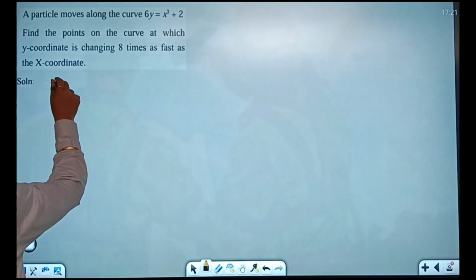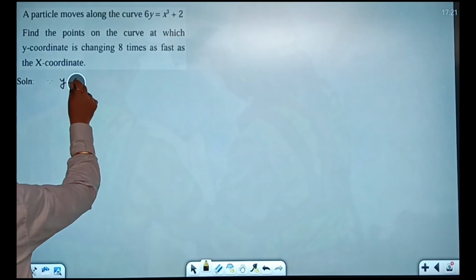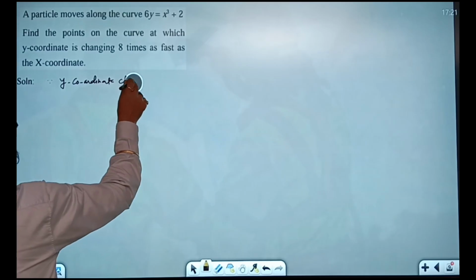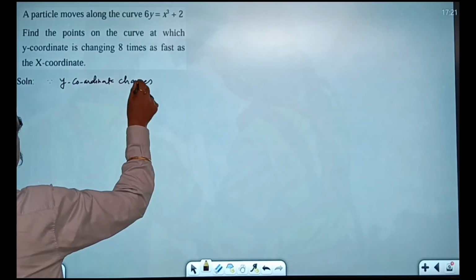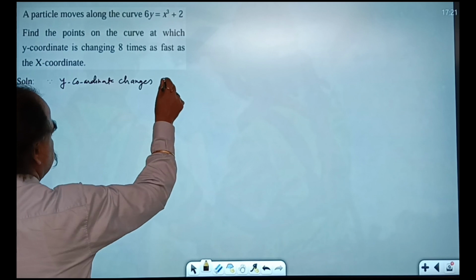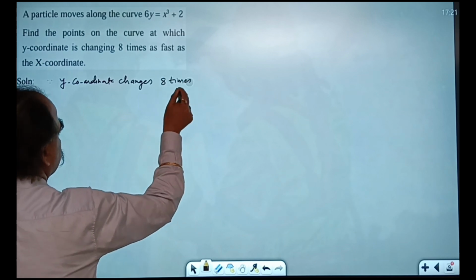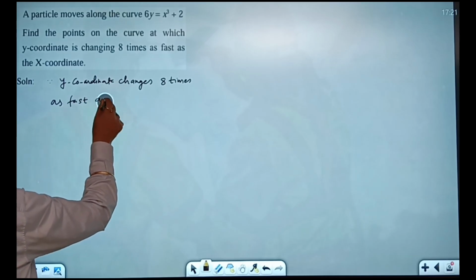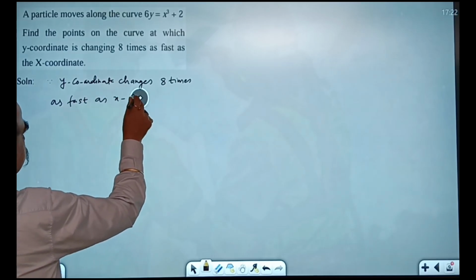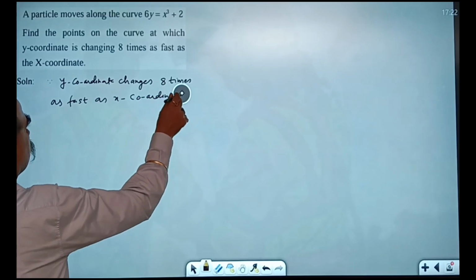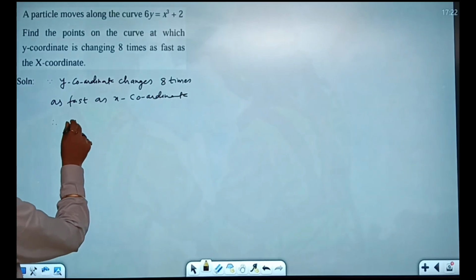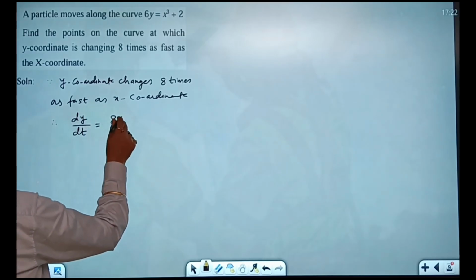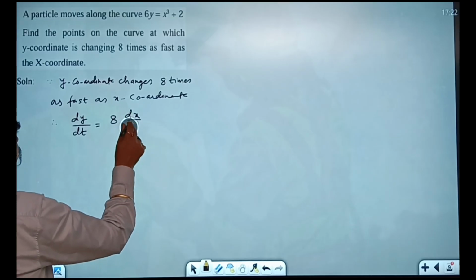Since y coordinate changes 8 times as fast as x coordinate, therefore dy by dt is 8 times dx by dt.